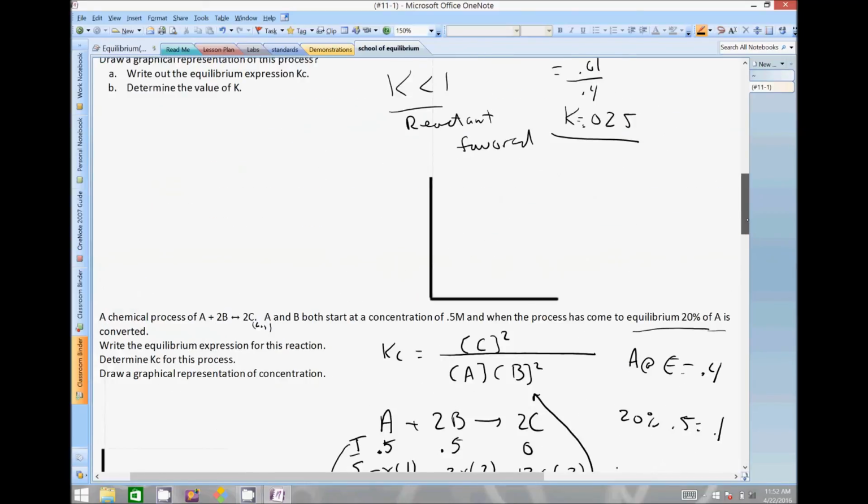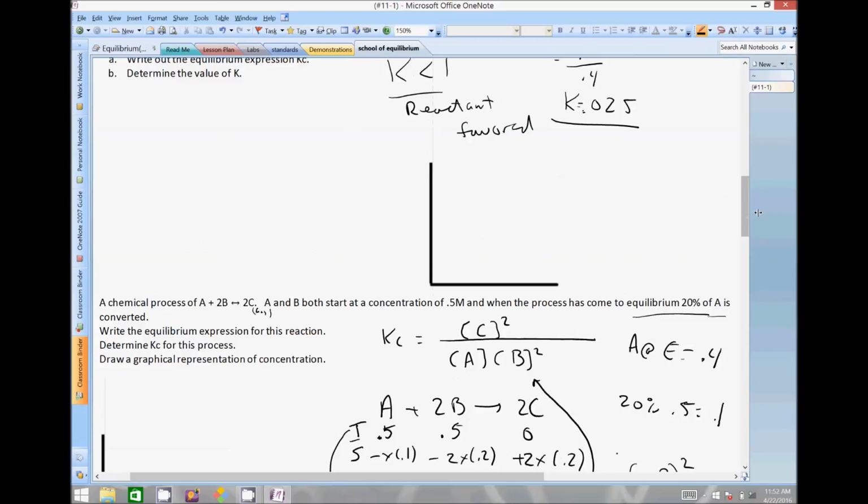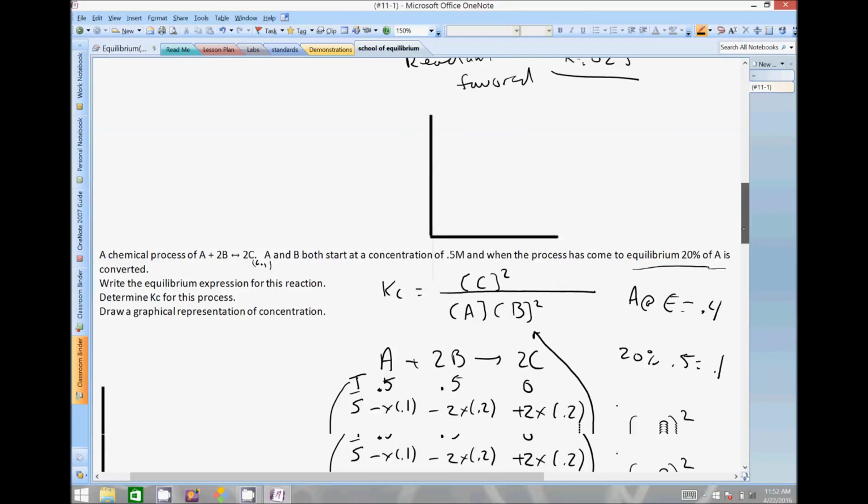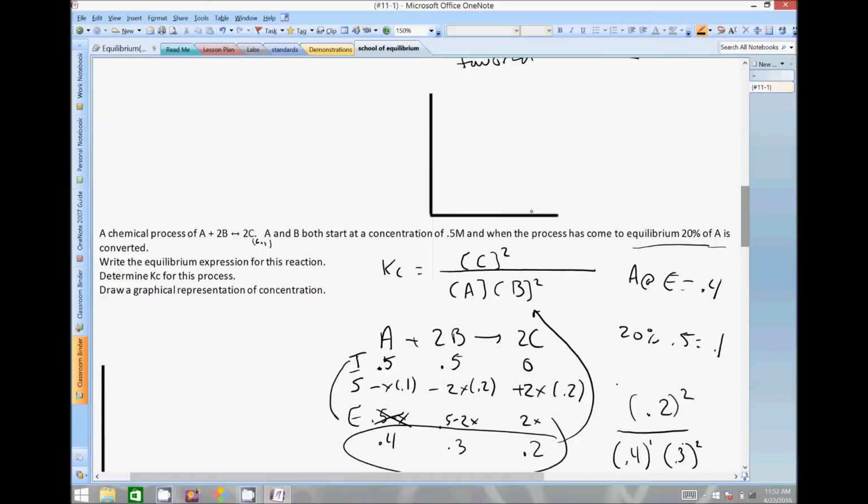Let's go ahead and chart that out here. I want to mimic this chart here. So I got equilibrium at this point. The concentration of A and the concentration of B are both going to be the same to start with. And then C is down here.